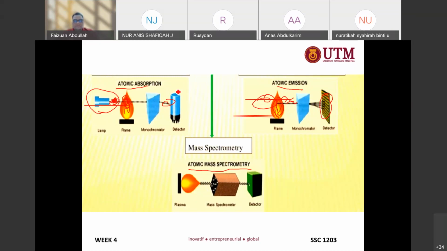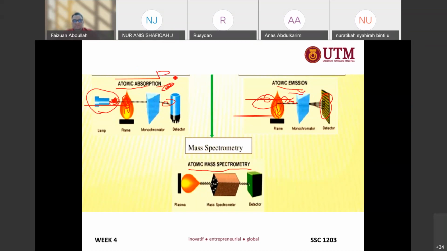What is the difference between AAS and AES in terms of measurement of the analyte? AAS is by the absorption of energy, while this one is by the emission of energy. So the difference is the detection limit.